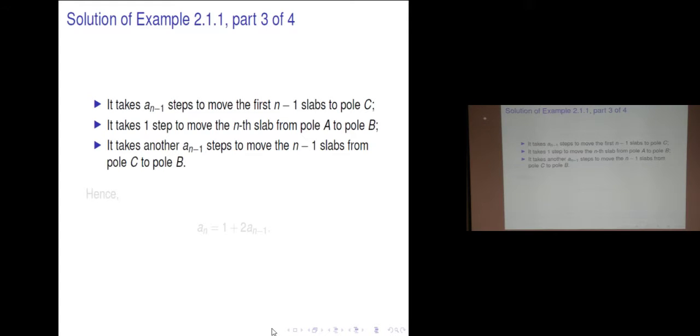It takes A(n-1) steps to move the first n-1 slabs to C, 1 more step to move the n-th slab from A to B, and then another A(n-1) steps to move the n-1 slabs from C to B. So the recurrence relation is AN equals 1 plus 2 times A(n-1), right? Here you get A(n-1) steps, here you get 1 step, then you have another A(n-1) steps. So this is the relation, okay?